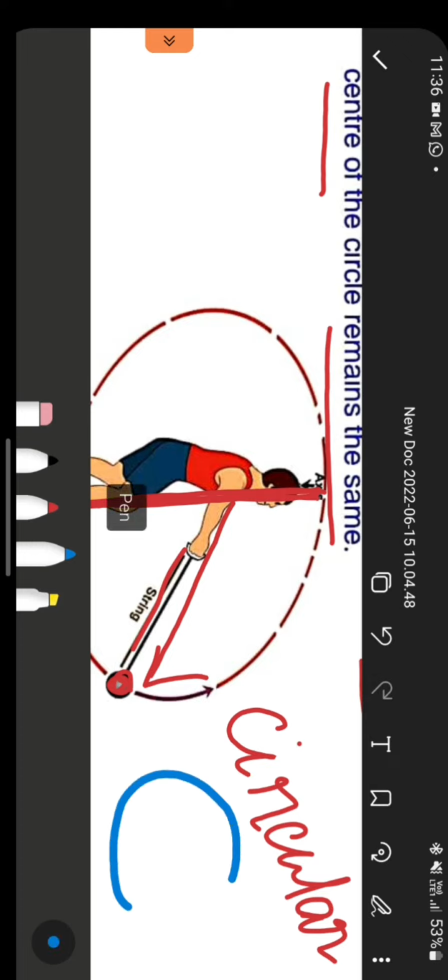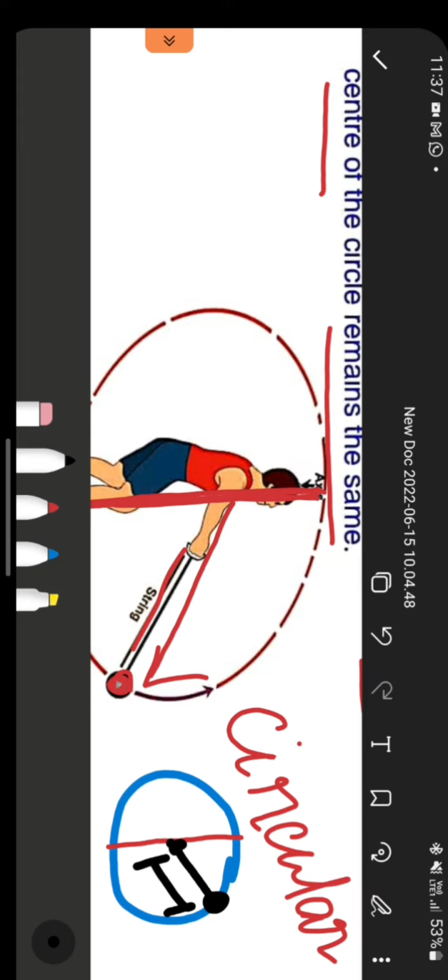Suppose this is the circle and here is the axis. If a particle is moving here, the distance between the center and the object always remains constant, the distance between the axis and the object. Are you clear on this?